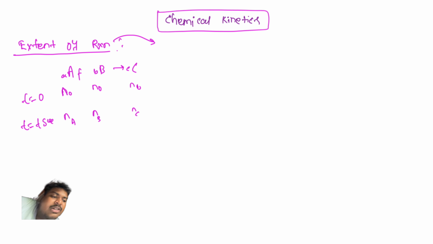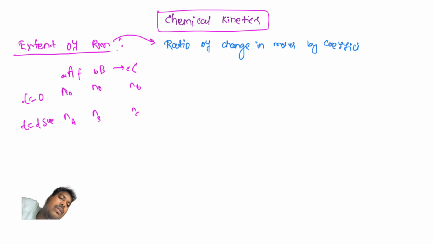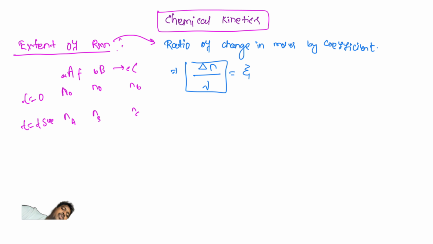The extent of reaction is nothing but the ratio of change in moles by coefficient. The formula is delta n by coefficient. We generally represent it by zeta. This is your coefficient and this is your extent of reaction.